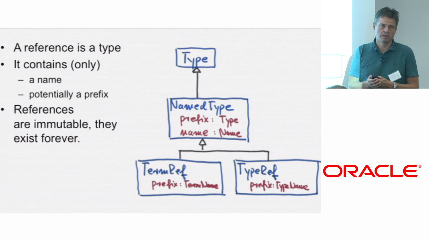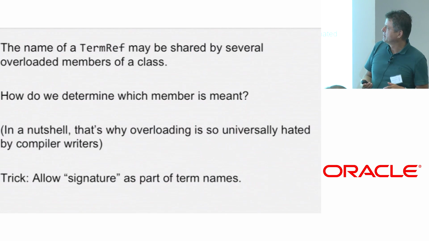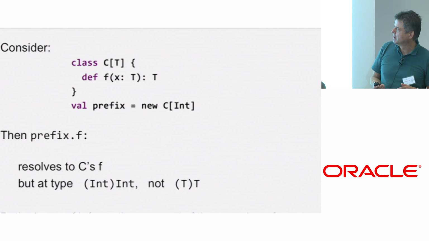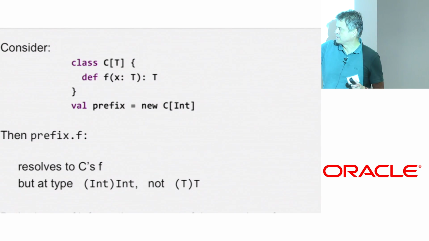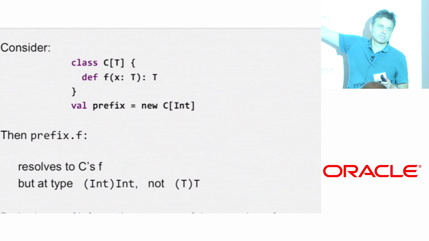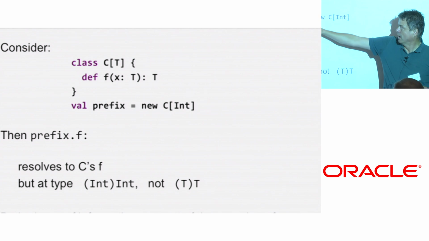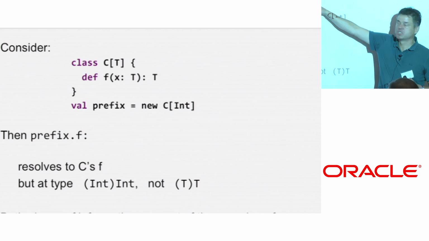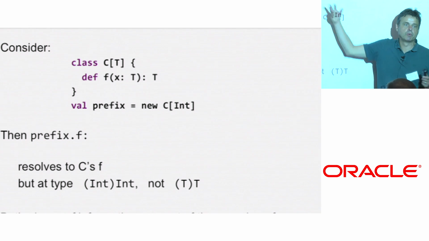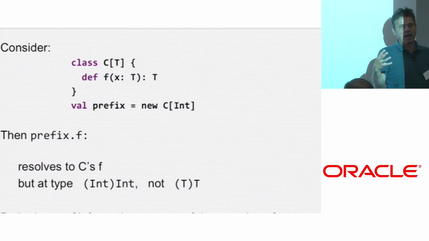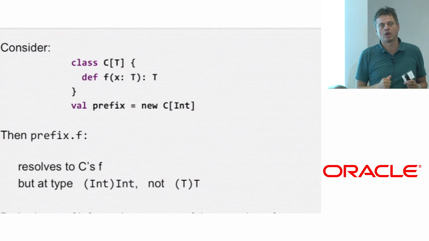So the denotation will be the symbol and the type. Here we get both the symbol, because there is a single one, but we also get a type, namely it's of type int to int, which is not apparent from the symbol, and the symbol says its type is t to t. So we get the symbol and the type corresponding to the current prefix.